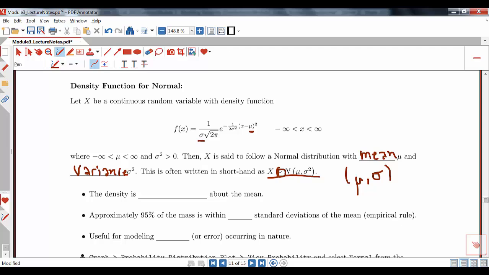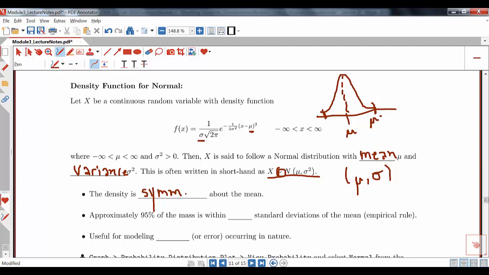Nicely, as you can tell from above and other bell curves I've made, this density is symmetric about its mean. So there's my curve. Let's put mu here, and notice I have symmetry across the mean. Approximately 95% of the area under a normal curve is within 2 standard deviations.